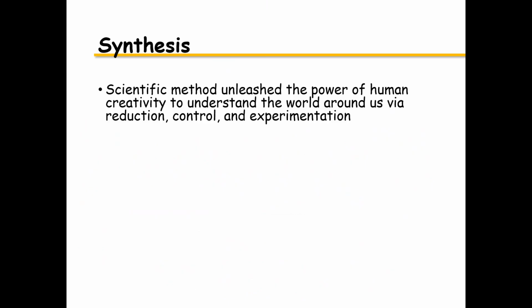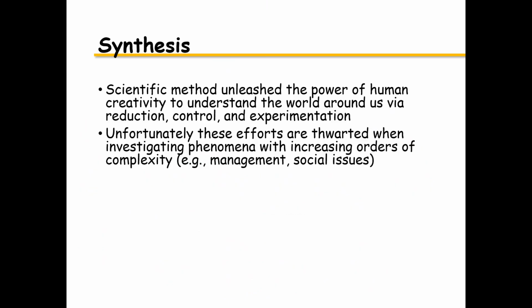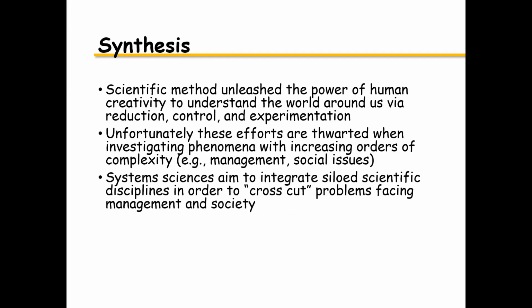So as I mentioned, we all utilize the scientific process and the tools and technology that it's unleashed to understand the world around us and to make it better. Unfortunately, those efforts are thwarted when we're dealing with problems and relationships with increasing orders of complexity, like management of farms, management of ranches, watershed conservation, and social issues, for example.